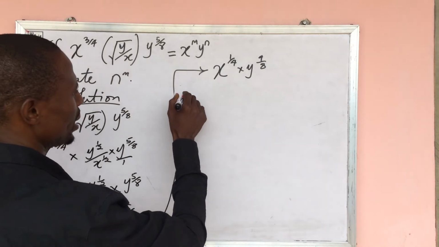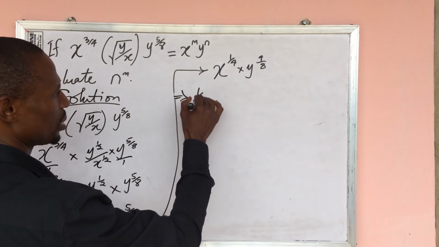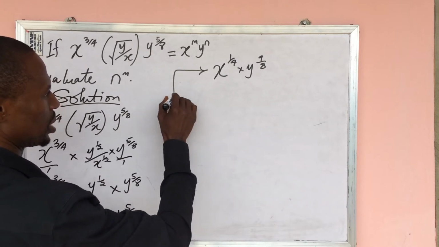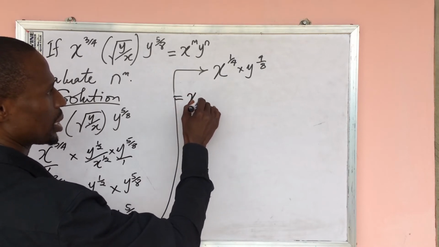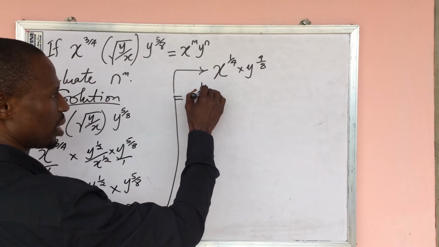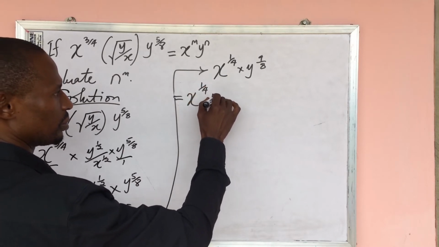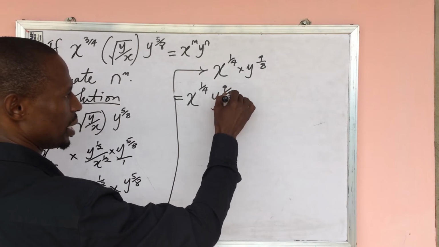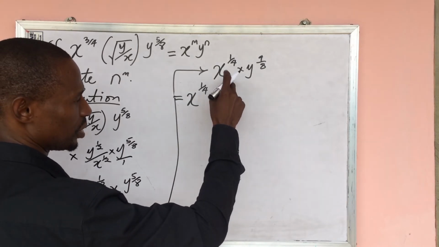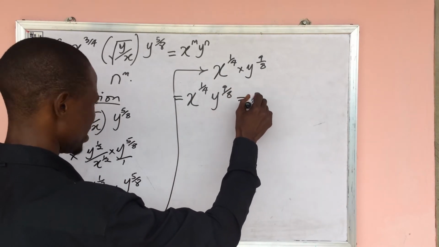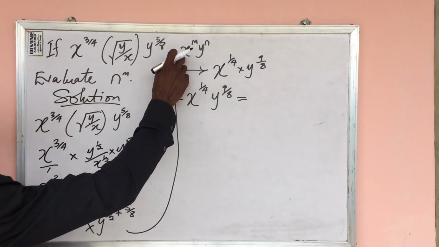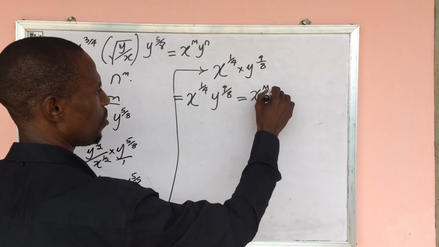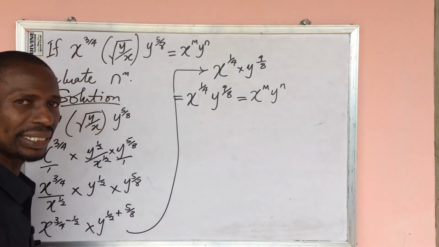So this implies that x to the power of 1 over 4 multiplied by y to the power of 9 over 8 is equal to x to the power of m, y to the power of n.